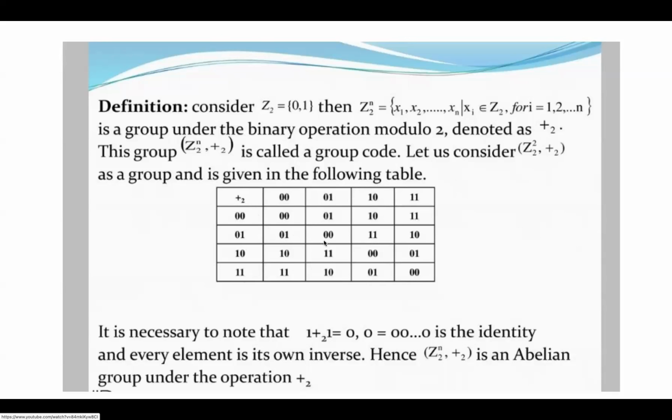Z square is solved here, so sequences of 2 are taken: 00, 01, 10, like this. Suppose Z cube was given, then it would be 000, 001, like this. All the numbers in this direction, meaning 3 digits, would be there. And how many rows and columns would there be in that case? If in place of Z square, Z cube was there, what would the condition be?